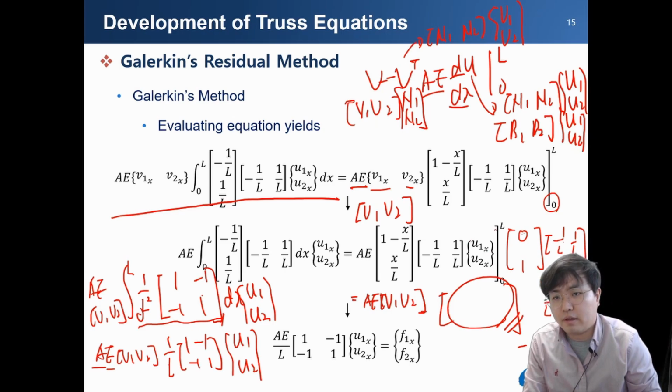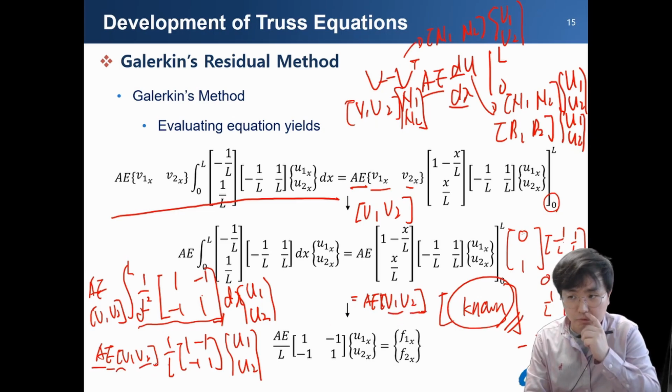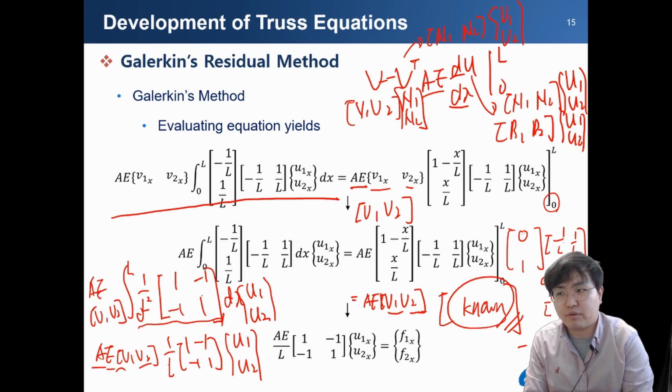So this part will be exact, something we already know. However, v1 and v2 are also nodal values, arbitrary values, but both sides contain the same term at that time.